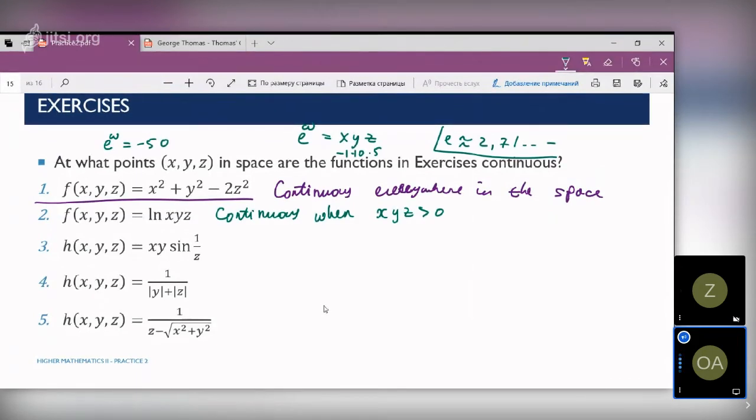Exercise 3: the function h of x, y, z equals x y times sine of 1 over z.